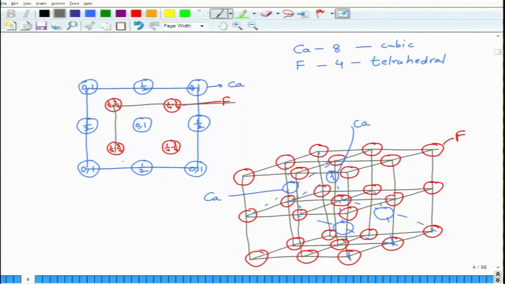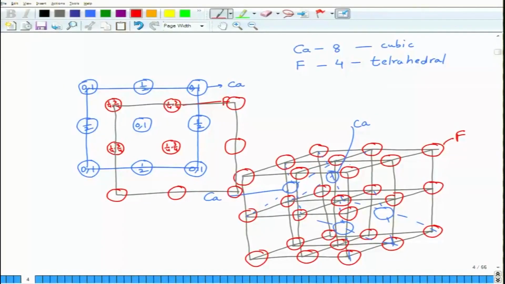So, I need to go here, I need to come here, I need to go there, and then this will be another fluorine, this will be another fluorine, this will be another fluorine, and this will be another fluorine.